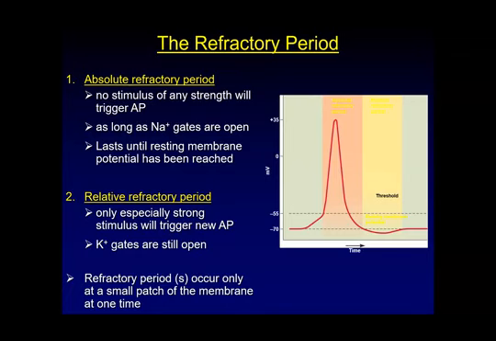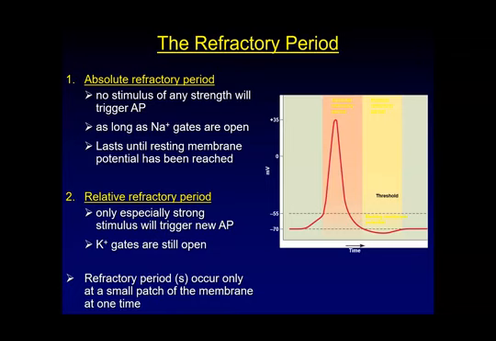The reason that an absolute refractory period is important is that, on both the motor and the afferent side, it provides us with one-way induction or one-way signal. We're not going to get signals going in both directions.